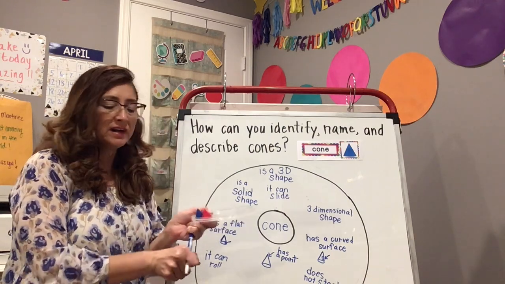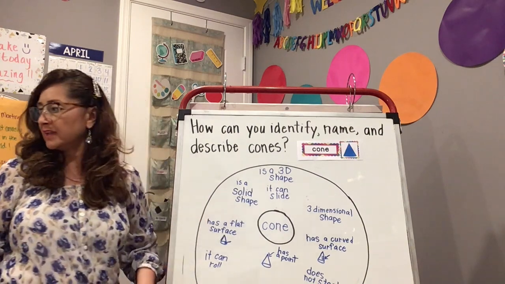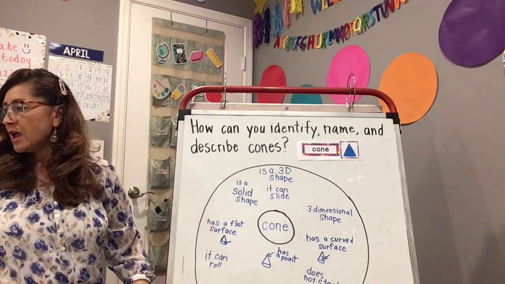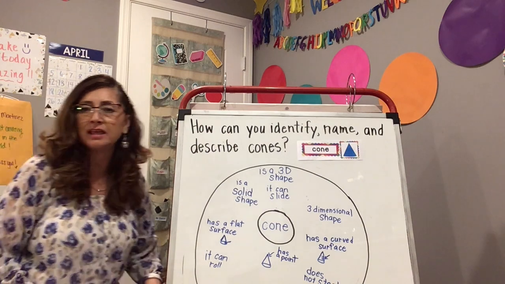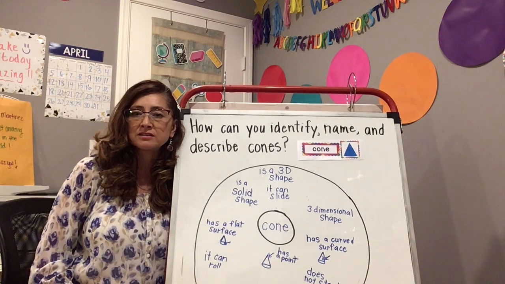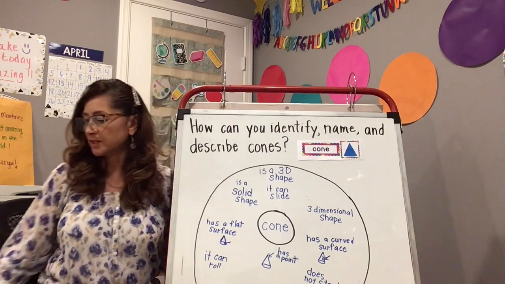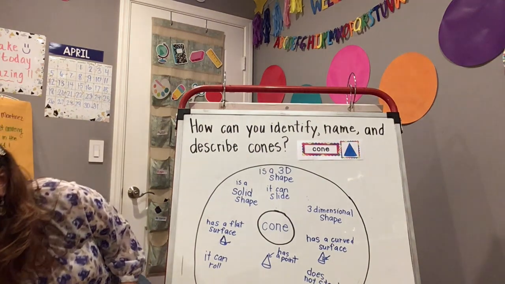Now, I went around my house to look and see if I could find some things that are shaped like a cone. And I wanted to show you and see if you can help me decide whether these objects are shaped like a cone. So this is the first item I found.